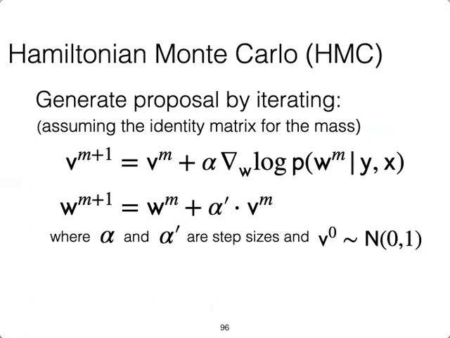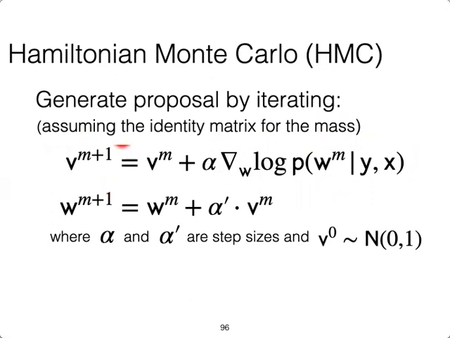So in its simplest form, as I show here, we have an augmented variable system where we have our usual neural network weights W and this auxiliary variable V. And what happens is we compute the gradient of the posterior. Notice that we don't actually need the posterior here because the marginal likelihood term will drop out. So this is equivalent to the gradient of the joint distribution between the likelihood and prior.